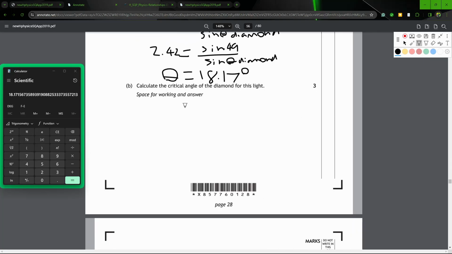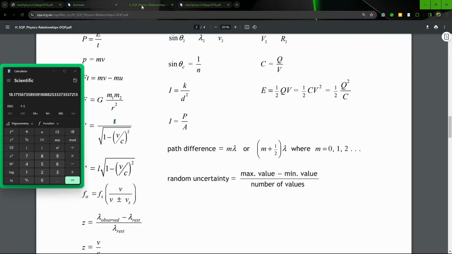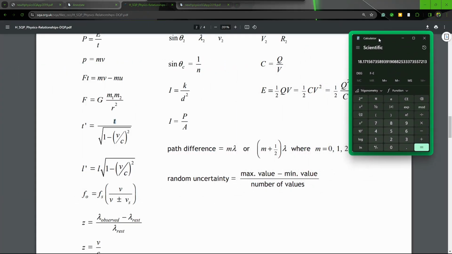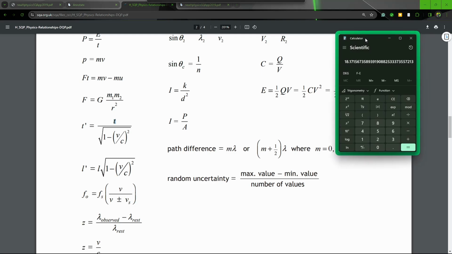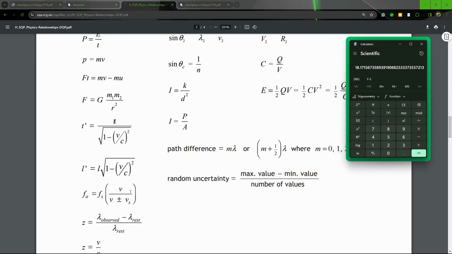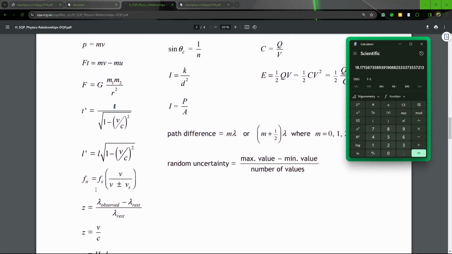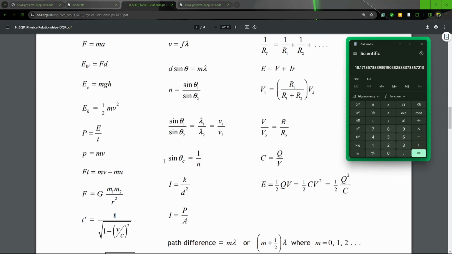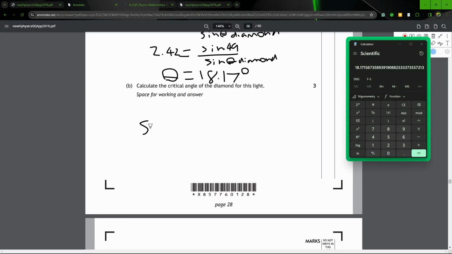Right. Calculate the critical angle for the diamond for this light. What's the critical angle? That's when it starts reflecting internally instead of refracting. The critical angle is this: sine theta c equals 1 over n. So sine theta c equals 1 over 2.42.